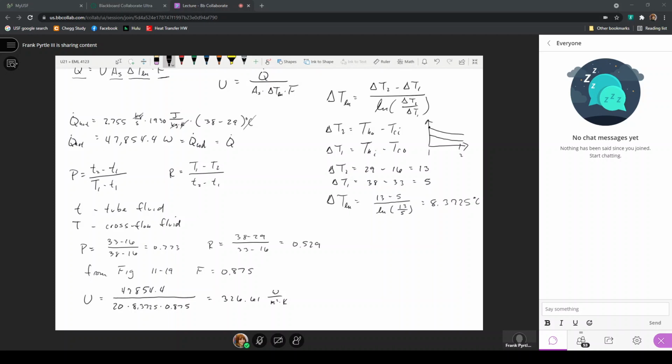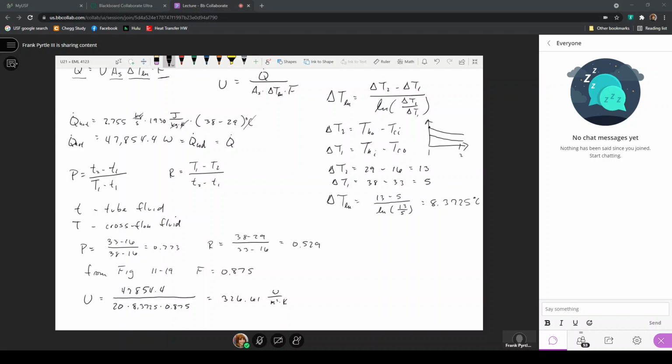That would be reflected through a change in the actual heat transfer rate. We would also expect a difference in the log mean temperature difference because the delta T's would change.